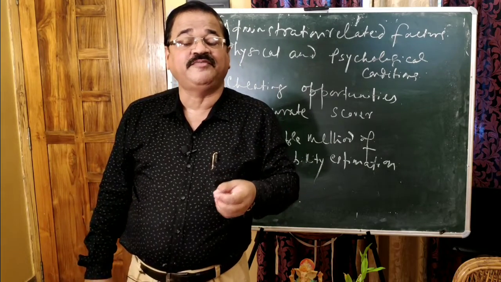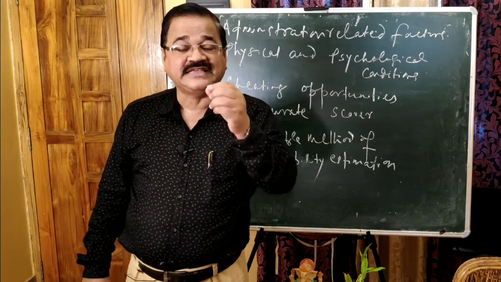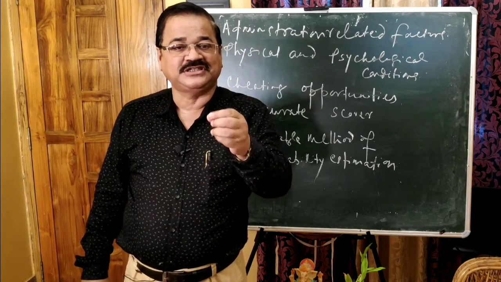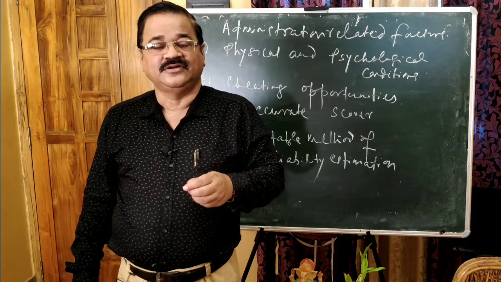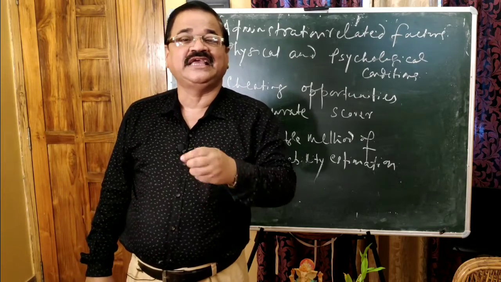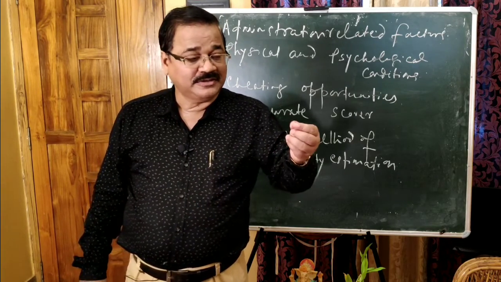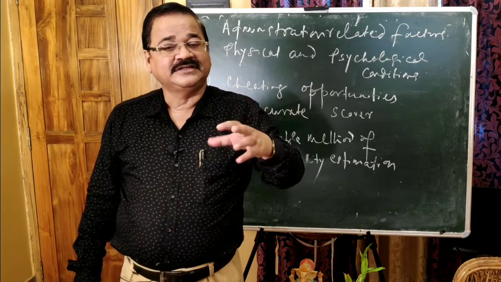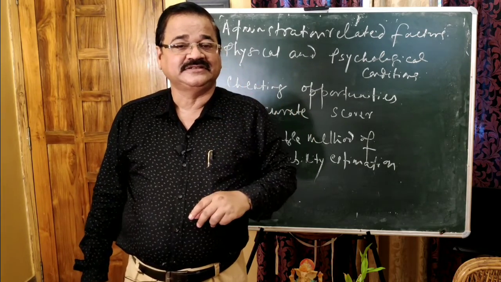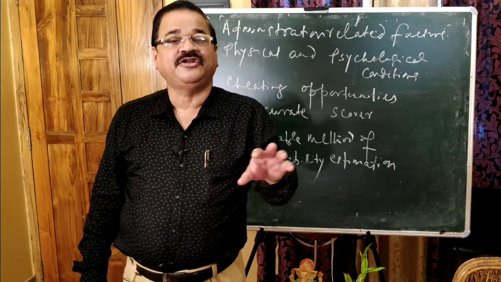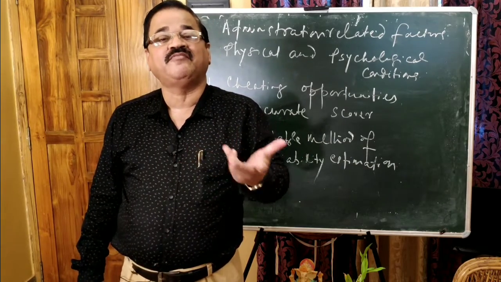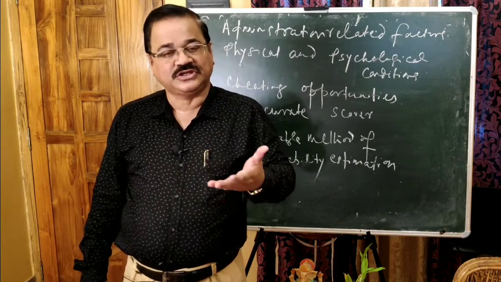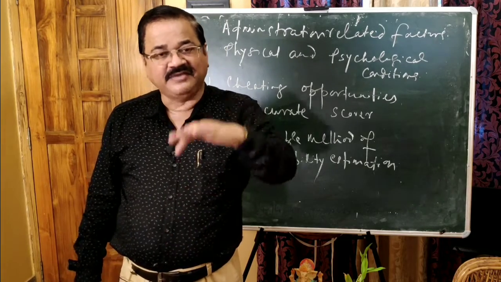So it happens because of inaccurate scorers. When the examiners examine your papers without going through the scoring key, without having any objectivity, naturally different students will score different marks. Good students will also score fewer marks. That is negative discrimination.